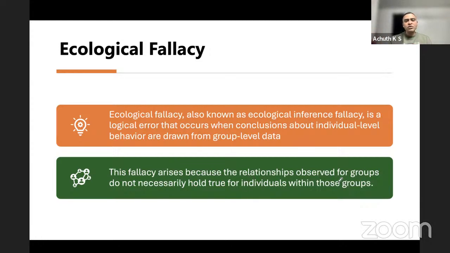This arises because relation between observed groups do not necessarily hold. The meaning of the statement is, whatever the relationship between these two groups does not necessarily hold true for every individual in that group. It might change. We are looking at a larger picture.